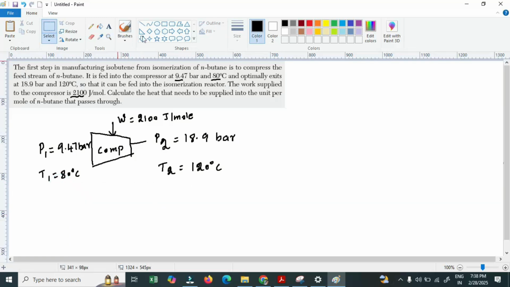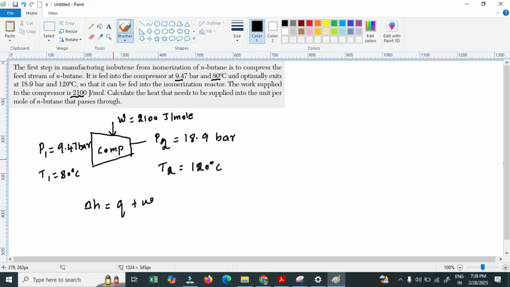As per the problem statement, they have given W, and the question is to find the heat supplied to the system. Therefore, Q equal to del H minus W. That is the formula we have from the open system first law of thermodynamics.